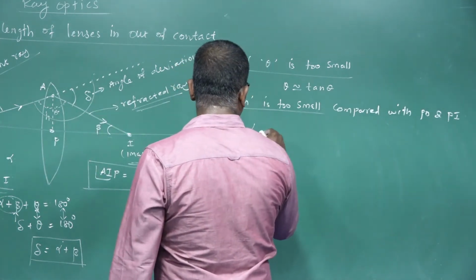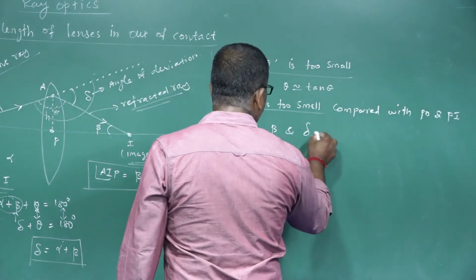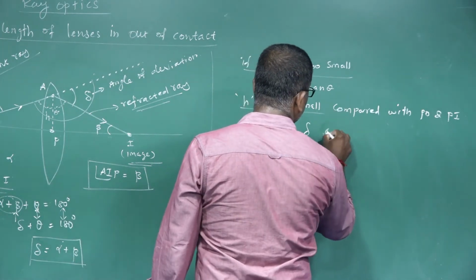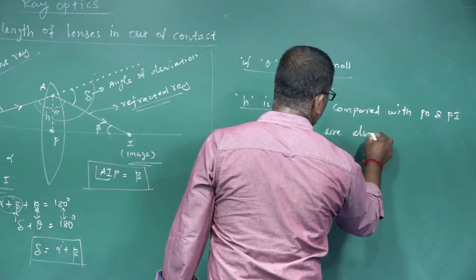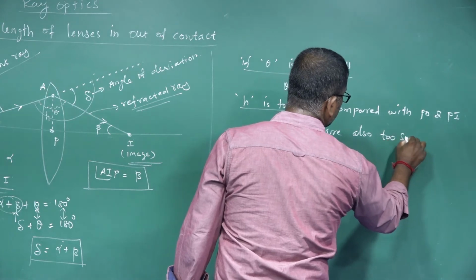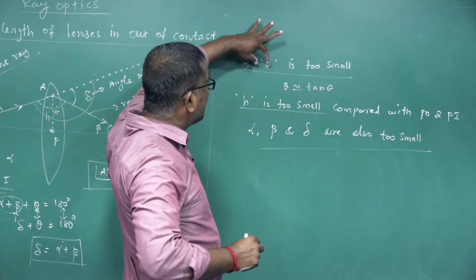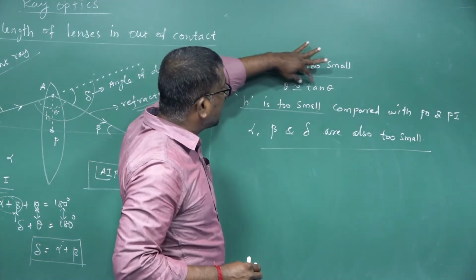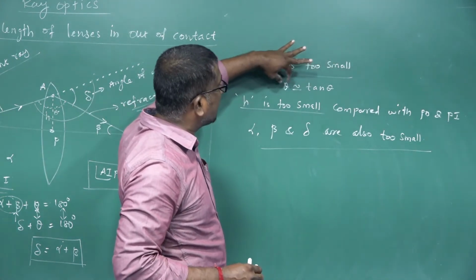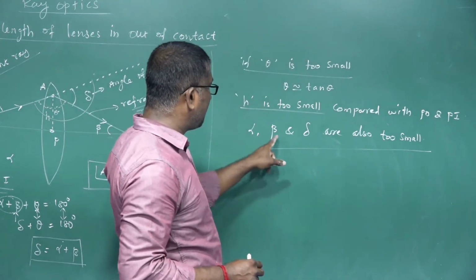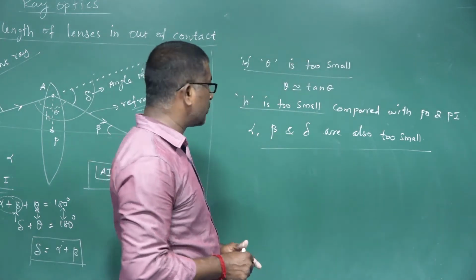So alpha, beta and del are also too small. Right. If the given angle is so small, then theta can be taken as tan theta, or tan theta can be taken as theta.